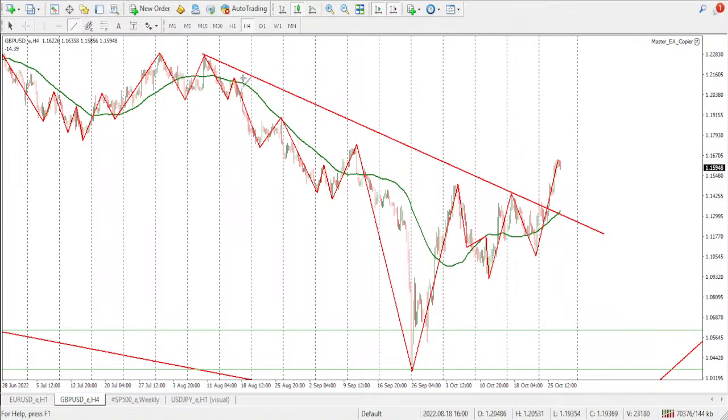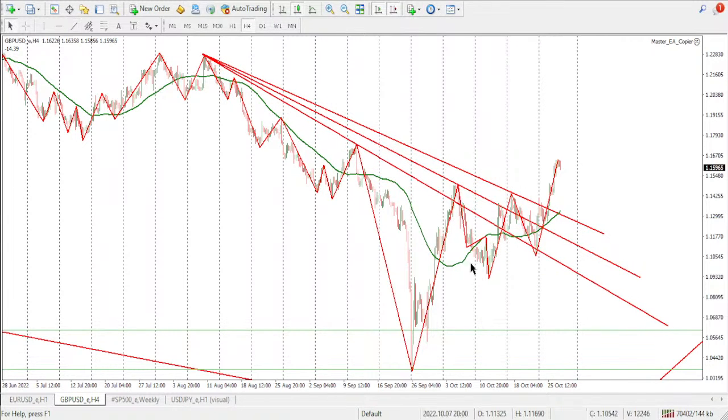These are like three zones which were broken clearly. After the first breakout, there's the next breakout, and then you have the one at the top. So technically, we are waiting for price to continue upwards up to this point. Our next target is this one here.